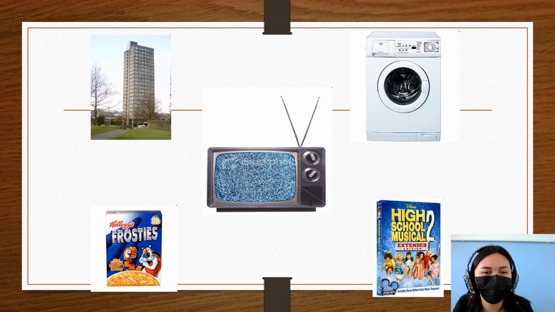Oh, look at this one. A building, right? A building is an example of a cuboid. A washing machine. A television. A box of cereals. And a book. Okay, these are examples of cuboids.